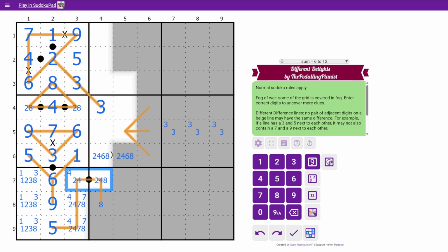That was 2, 4. If I use a different number though, I'm not going to get a clear picture of the 2 digits remaining. So I'm trying it with a 2, that way it would force the 8 over there with a 1, 3, 8 pair.